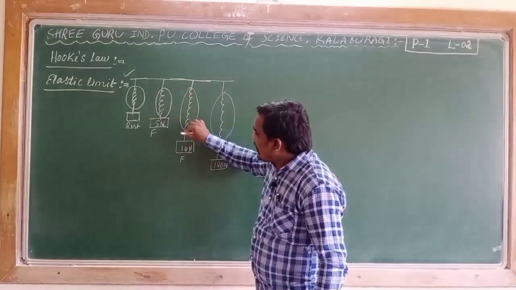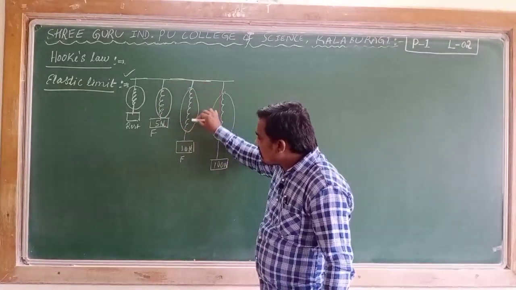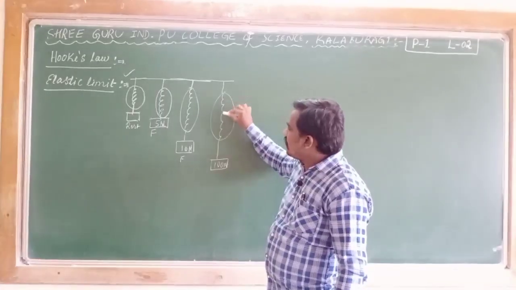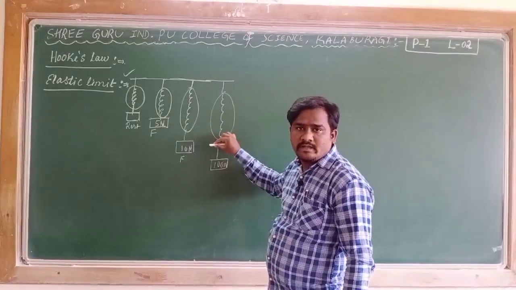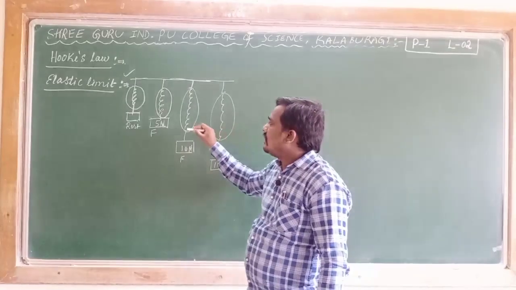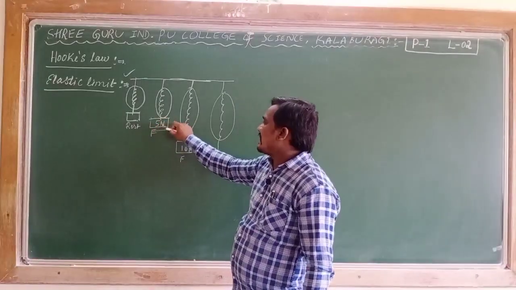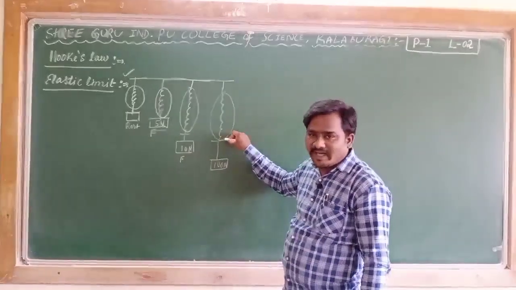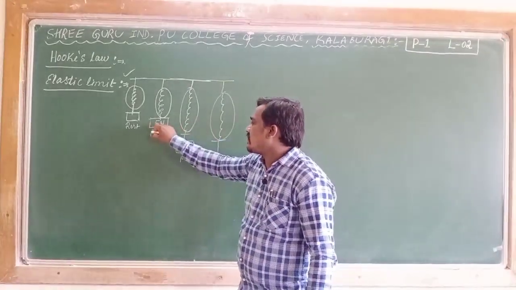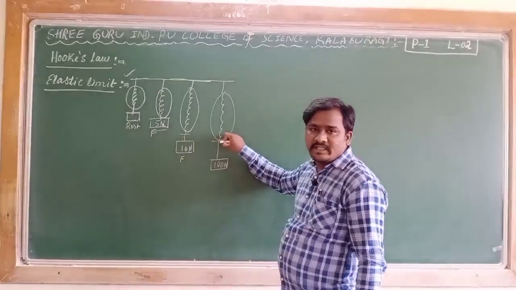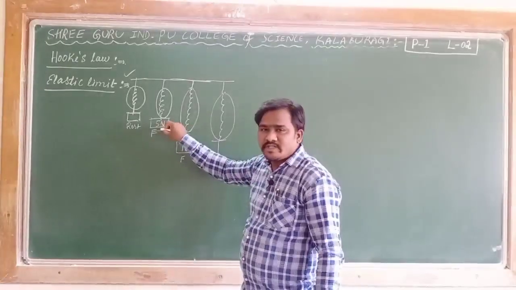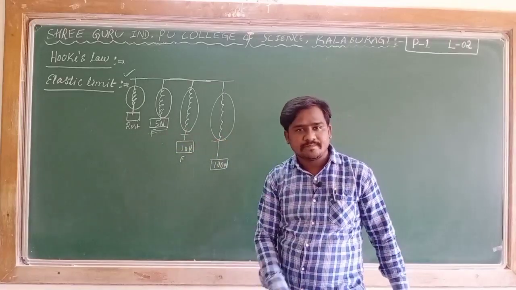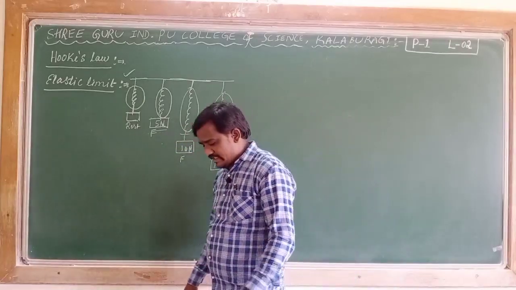If we go beyond that elastic limit, the body is going to extend and stretch, but it is not going to regain its shape. This is elastic nature, this is also elastic nature, but elasticity goes on decreasing. Decreasing means it is going to convert from elastic to plastic. This is the elastic limit.